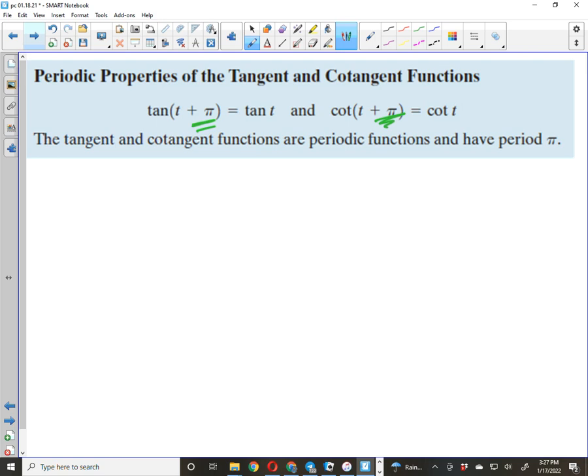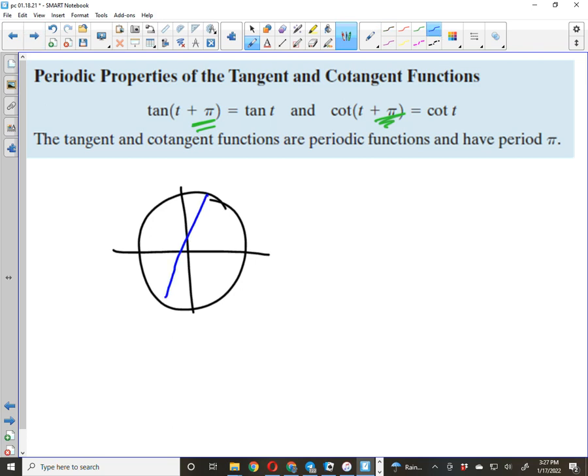So that just means that in our unit circle, this is pi over 3. Down here, this is 4 pi over 3, right?